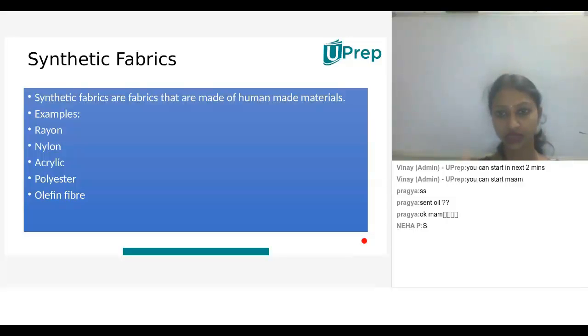Second, synthetic fibers are durable. What do you mean by durable? Durable means, ma'am, for a long period of time we can use it, for many ages.